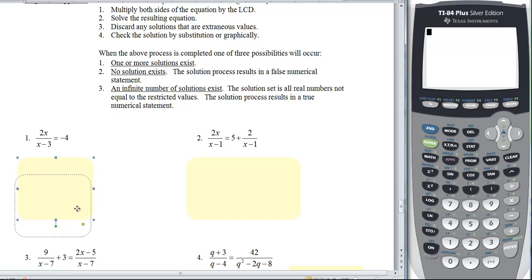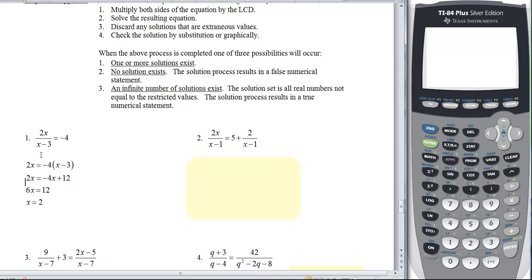So if I cross multiply, I have 2x times 1 equals 4 times x minus 3. Distribute, because you see now we're back to something that we've done. Upon distributing, there's my negative 4x plus 12. I'm going to add 4x to both sides, and then divide by 6, and my solution should be 2.